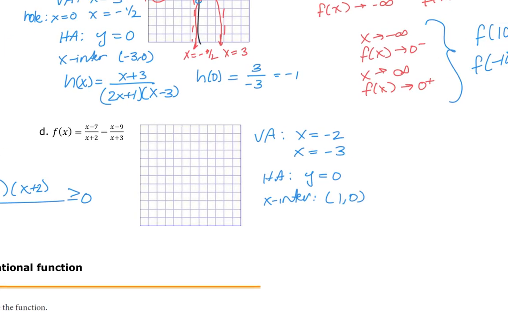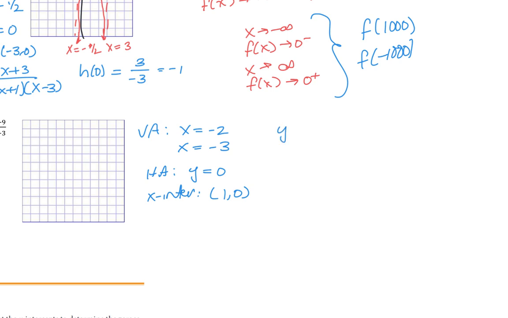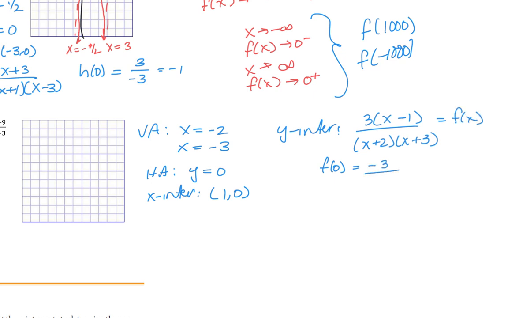We didn't find a y-intercept, so let's find that now. I ended up, when I got done, with 3x minus 1 over x plus 2 and x plus 3. If I put in 0, so f of 0, this is f of x, f of 0 is going to give me -3 in the numerator, and it's going to give me 6 in the denominator.